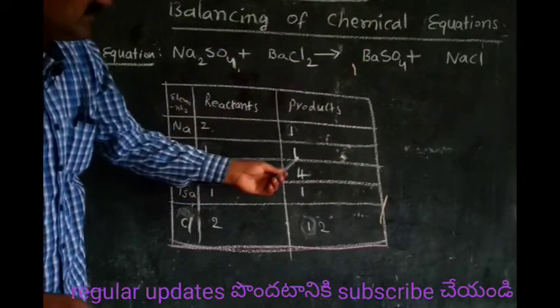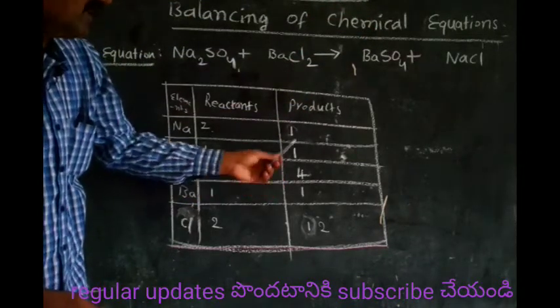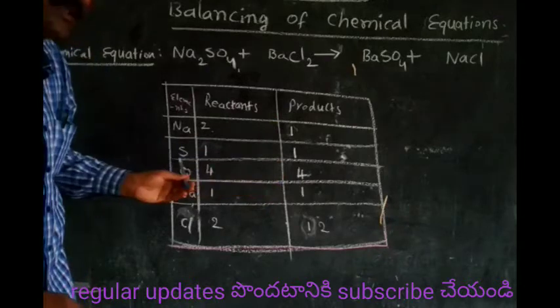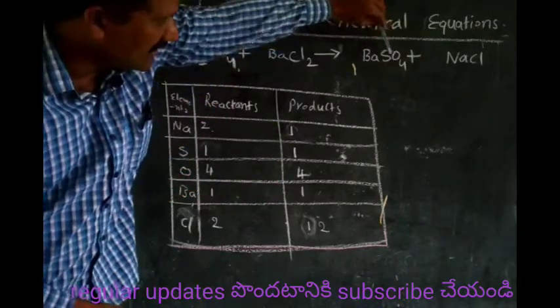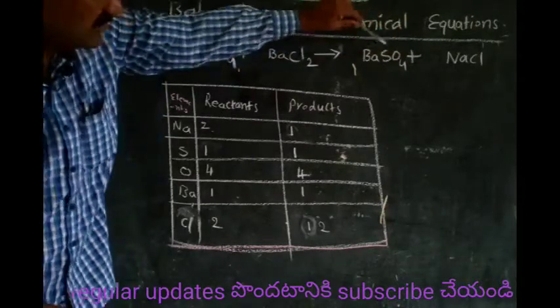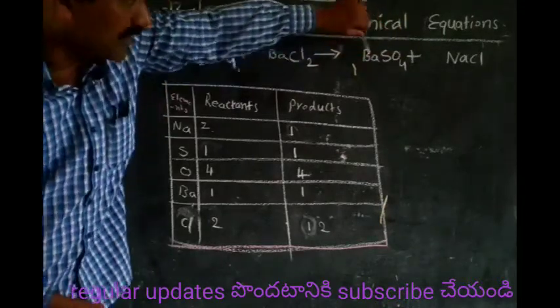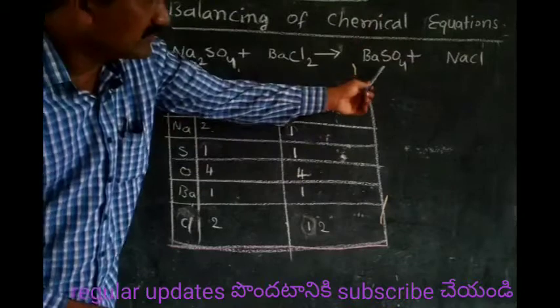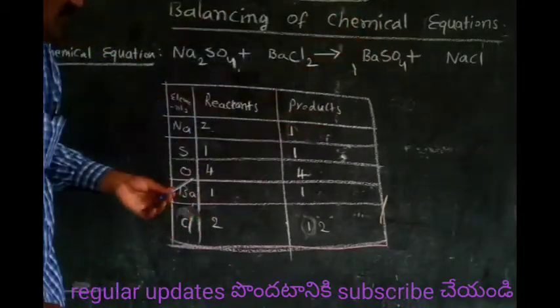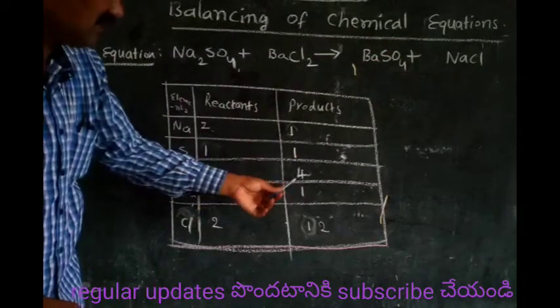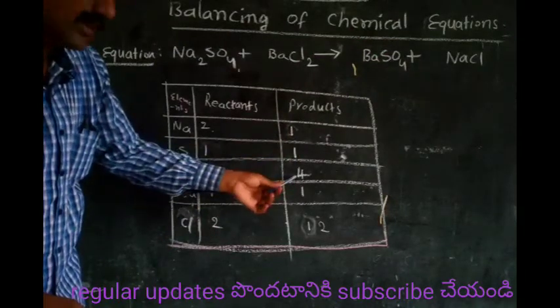That's why we wrote 1 in the column of products against the sulfur. And oxygen, 4 atoms are there in the barium sulfate in the products. It is not there in the sodium chloride. That's why we write 4 in the oxygen products column.